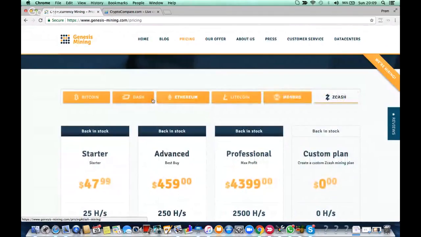All of these coins are proof of work coins. What does that mean? That means that they have to prove that they're not created out of thin air, but are created out of a process which costs a lot of money.